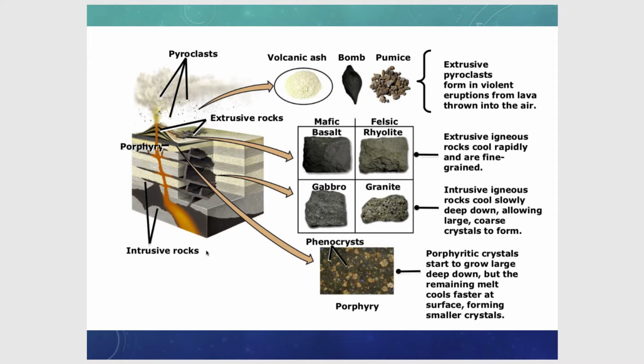So the rock appearance will be as a granite, for example, or a gabbro, in which you tend to have rocks that cool relatively slowly, and you have large coarse crystals that form. So you will be able to see the crystals with the naked eye.